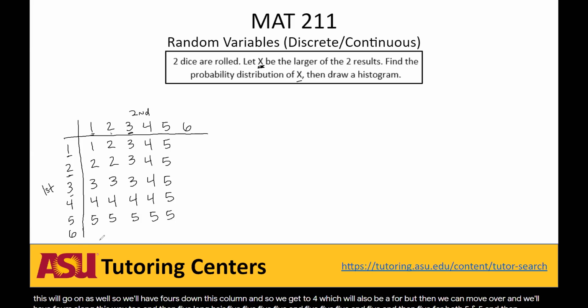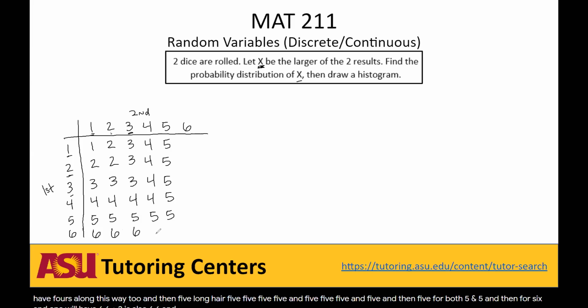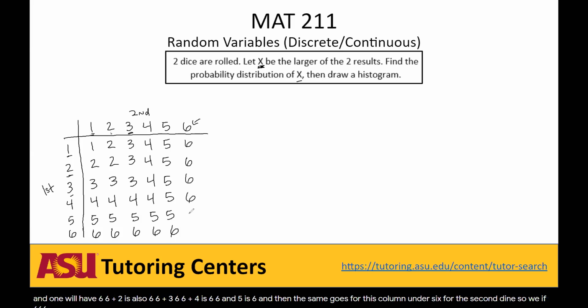And then for 6 and 1, we'll have 6. 6 and 2 is also 6. 6 and 3, 6. 6 and 4 is 6. 6 and 5 is 6. And then the same goes for this column under 6 for the second die. So we have 6, 6, 6, 6, 6, and 6 if they're both 6s.